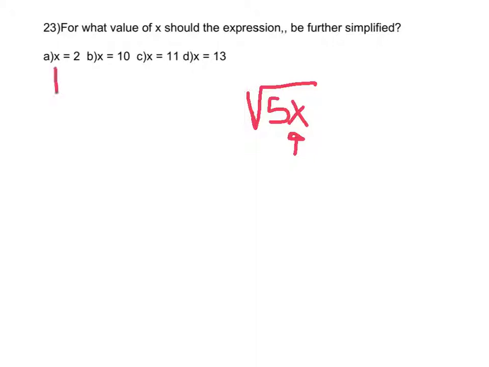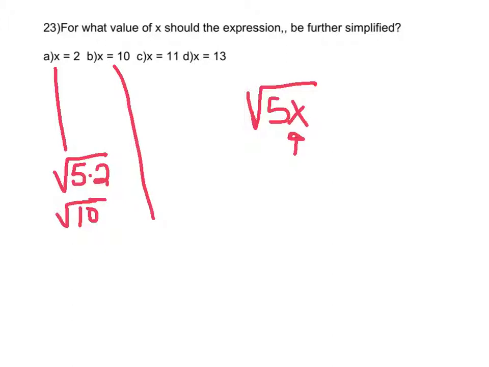So I'm just going to do each one of these. If I did 5 times 2, that gives me the square root of 10. Can I further simplify that? Can I break it down by one of our perfect squares? 4, 9, 16, 25. The answer there is no. So this would not be an option for us.